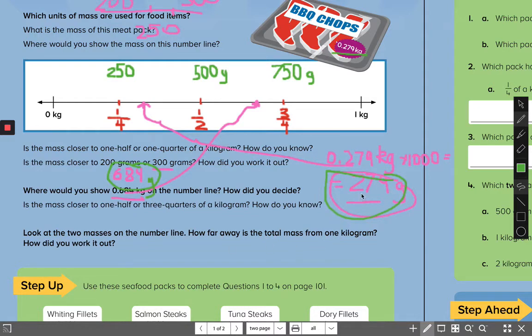Say we're going to round up 279 to 280 grams, just for the sake of it.